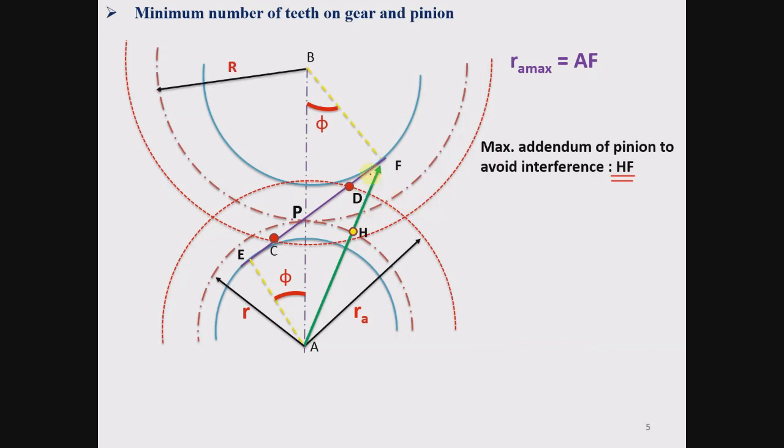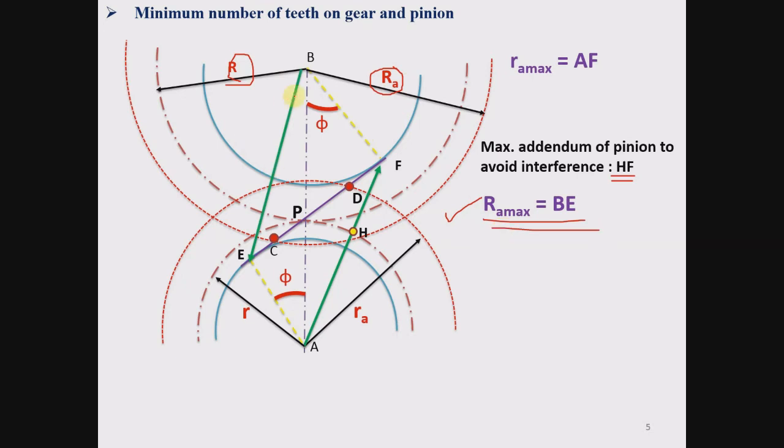Now similarly show the pitch circle radius of gear wheel as capital R, addendum circle radius of gear wheel as capital RA. Now write down for gear what we have: RA max is equal to distance BE, correct?